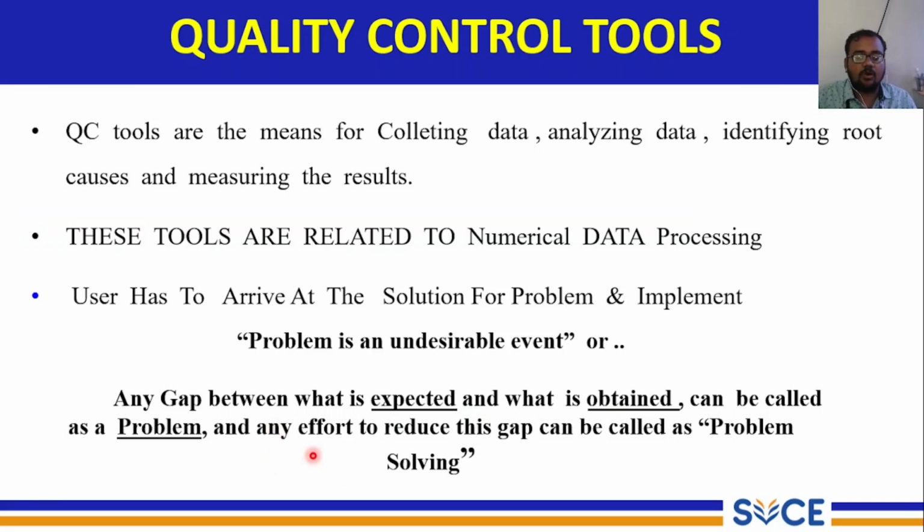All the efforts put in to reduce this gap are called problem solving. QC tools have been the most sought tools for problem solving methodologies in an organization, because they have the advantage of collecting so much data, which helps you analyze the data and identify the root causes through which you can achieve the desired results.